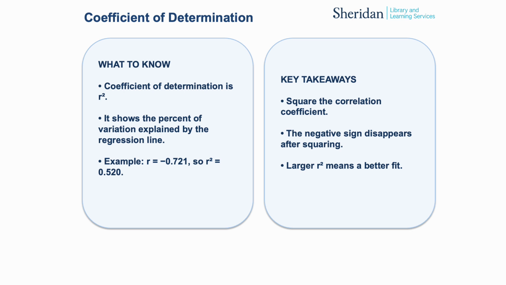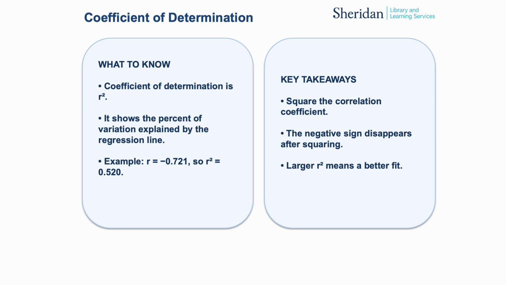So if r is equal to negative 0.7, this question asks us to find the coefficient of determination. So we simply square the r. So r squared is equal to 0.49 or approximately 49%. So it shows the percent of variation explained by the regression line.